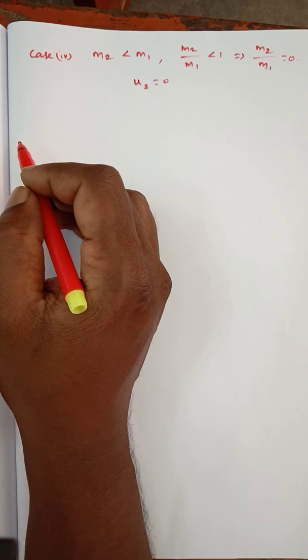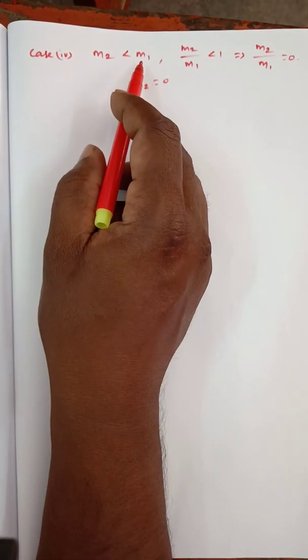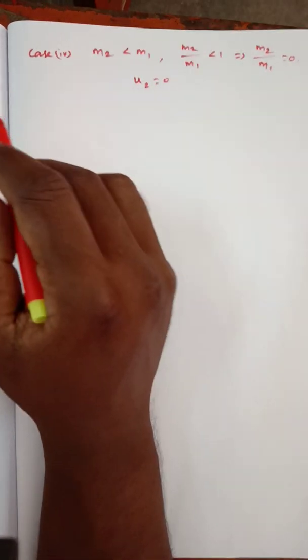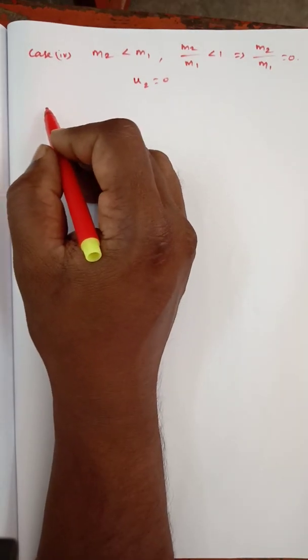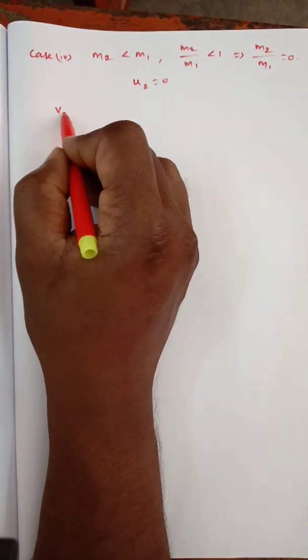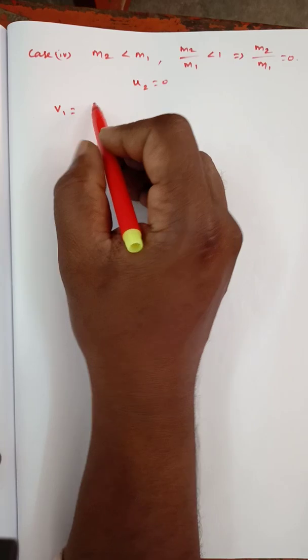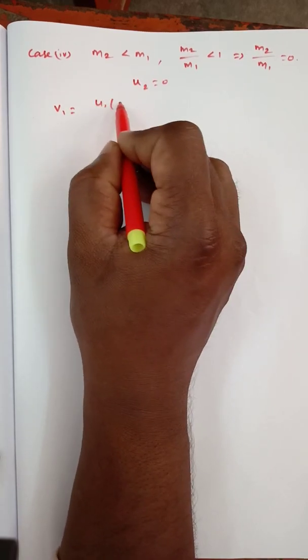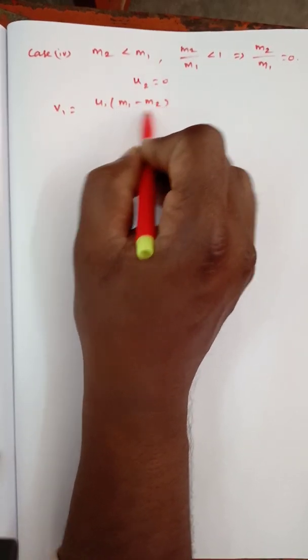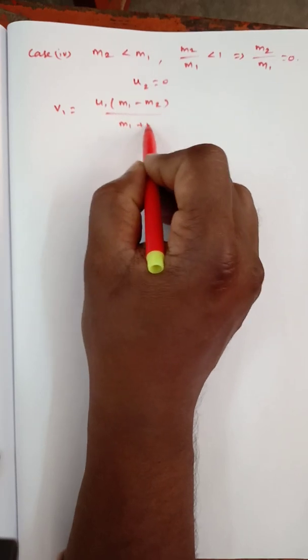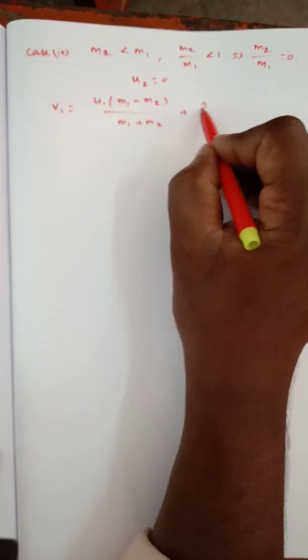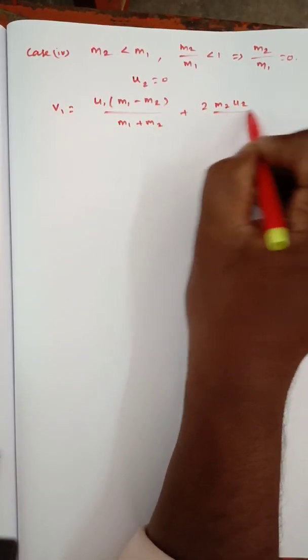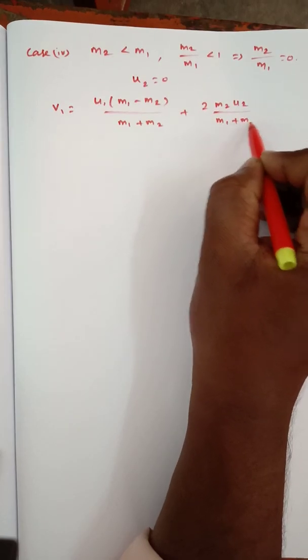So same thing, but we have to change the things. Object A is greater than B. Okay. So write for the v1 is equal to what? v1 equal to u1 into (m1 minus m2) by (m1 plus m2) plus 2 m2 u2 by (m1 plus m2).